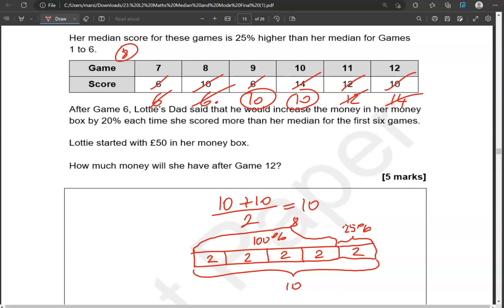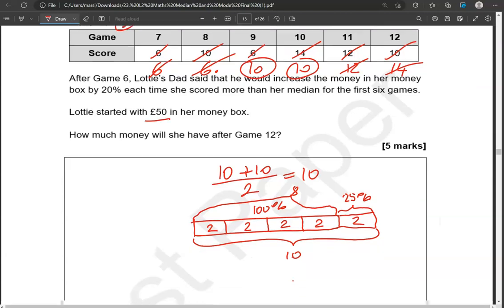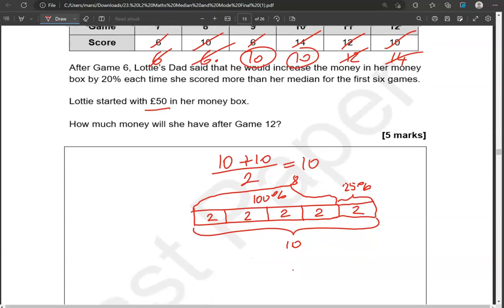So we're going to increase the £50 by 20%. So when you increase a number by 20%, you add in 20% on top of the 100% amount. So it becomes 120%, which as a decimal that is 1.2. So multiplying a number by 1.2 is like adding the increase on top of the number that we have already.